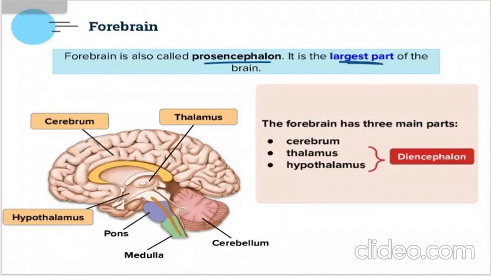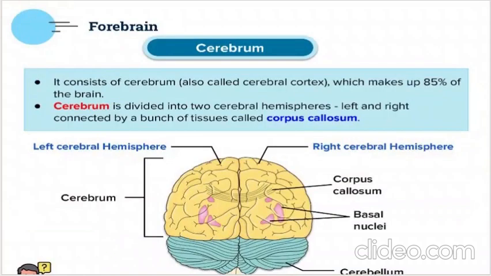It is the largest part of the brain. The forebrain has three parts: cerebrum, thalamus, and hypothalamus, and all these make up the diencephalon. First one, cerebrum, also known as the cerebral cortex, is 85% of the brain.